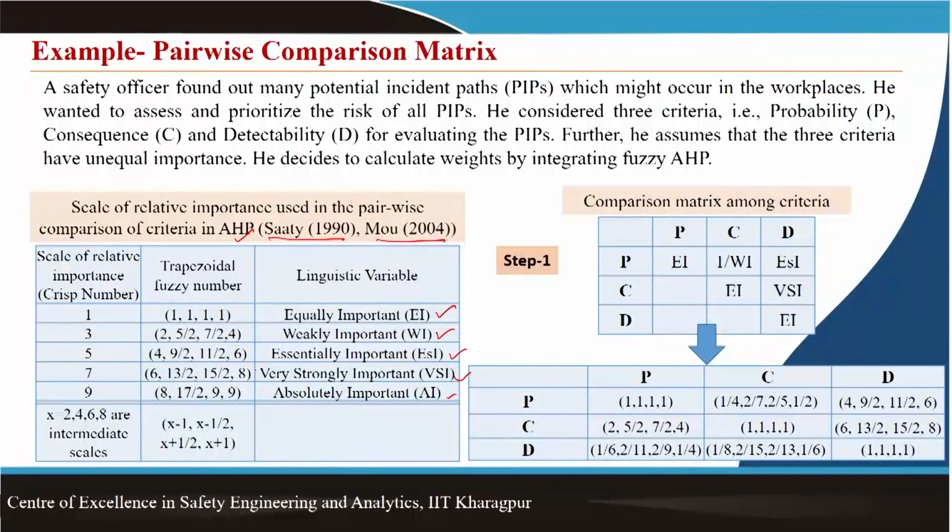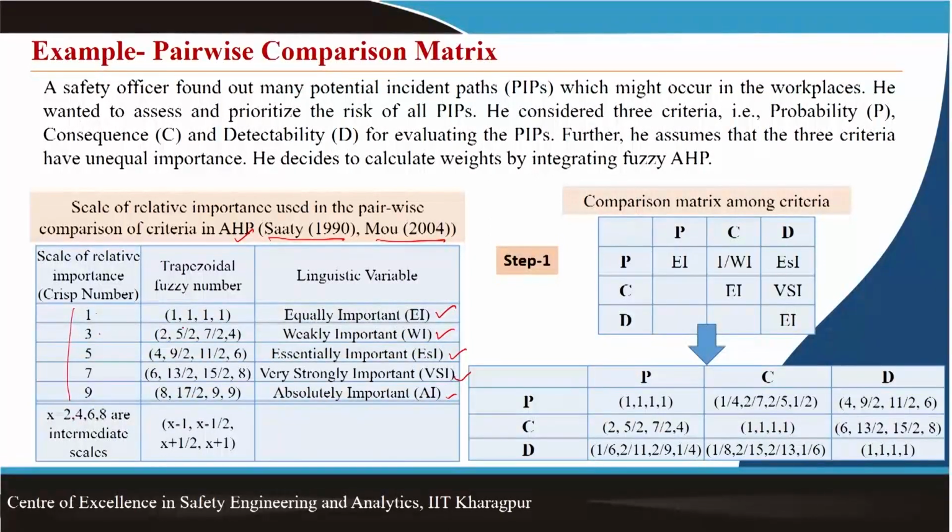And if you want to give some number to it, equally important means 1, weakly means 3. So a 1 to 9 point scale you are giving if you are going for crisp numbers, and in between, 2, 4, 6, 8 are the intermediate scale. Between equally important and weakly important it will get 2, between weakly important and essentially important it will get 4, in this manner.